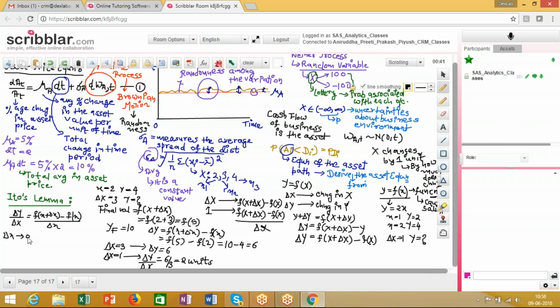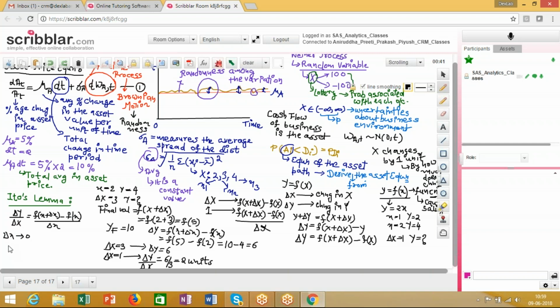Because the objective of calculus is to identify small changes in x. So delta y by delta x is f of x plus delta x minus f of x by delta x. Now what if this delta x is very small? Say x changes by 0.00023, what would be the corresponding change in y? That is why we use delta x tends to 0.